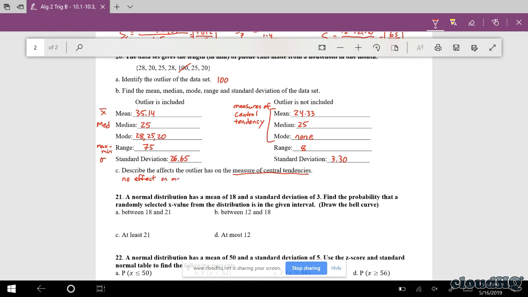It could have a small effect. In this case, it had none. Typically, it has no effect on the mode. This is kind of a rare occasion because everything happens in equal frequency, so we kind of lost our modes. But really, the outlier has no effect on that, and it has a small effect on the mean.